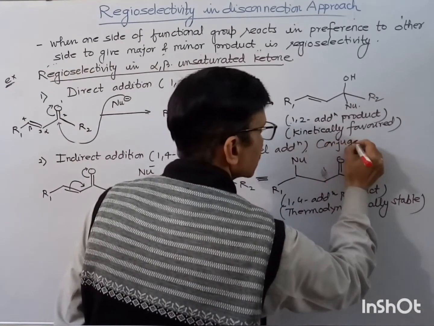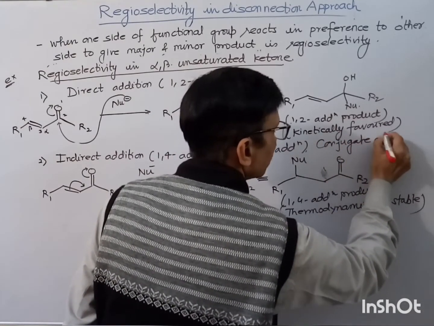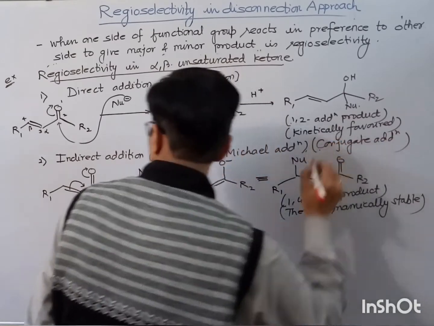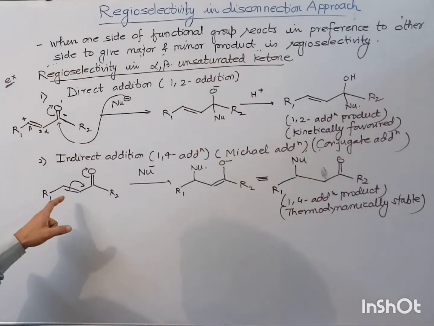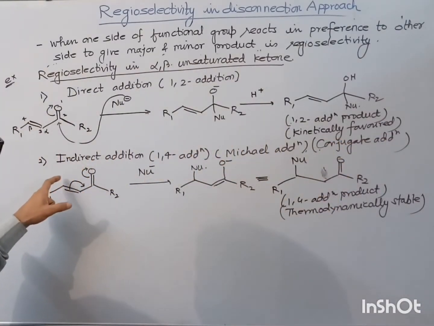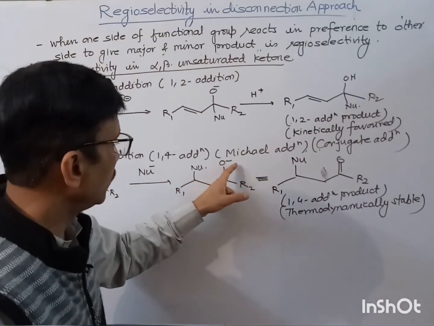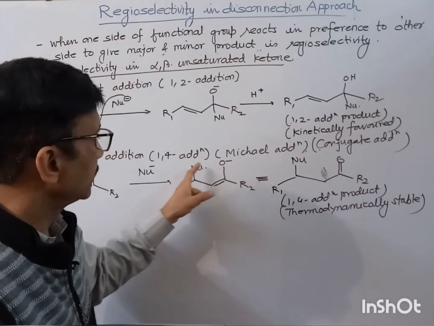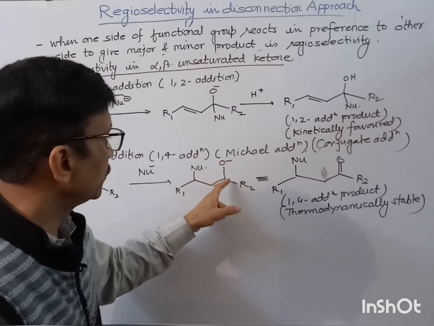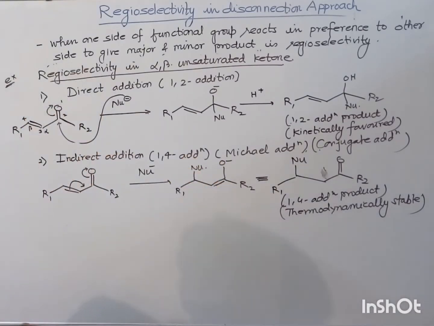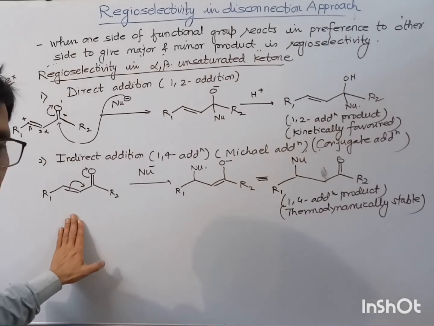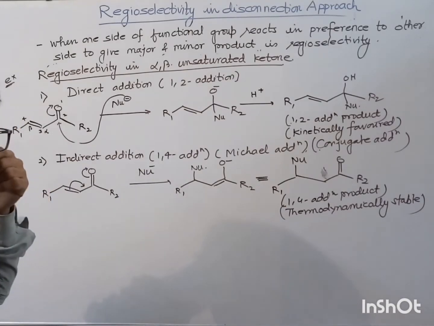It is also called a conjugate addition because the reagent has attached at the 1 and 4 position. Okay, so OH and nucleophile are at the 1, 2, 3, 4th position. So that's why it is also called the conjugate addition. So what is the reason here?